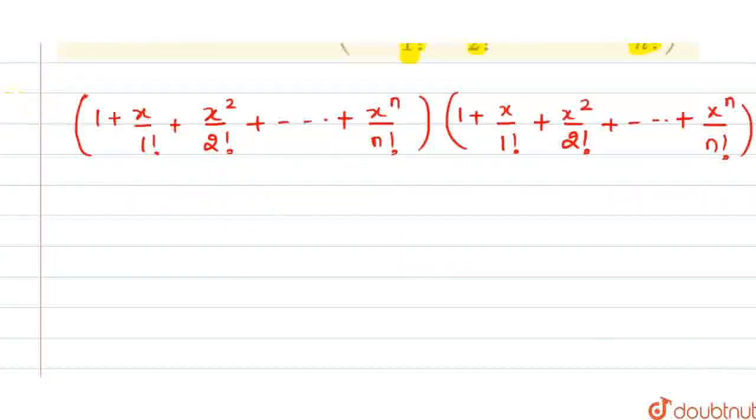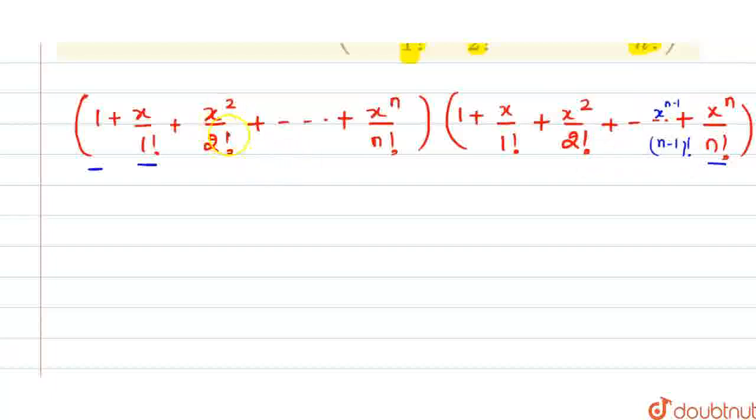Now, let us combine the terms. If I take this one with this term, so this will be the coefficient of x raised to the power n, right? Then, if I take this x term with, here we will have some x raised to the power n minus 1 upon n minus 1 factorial.